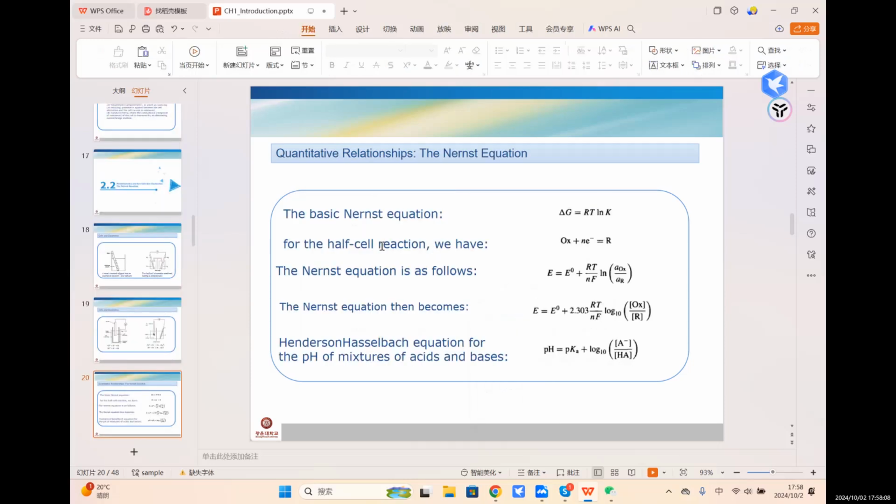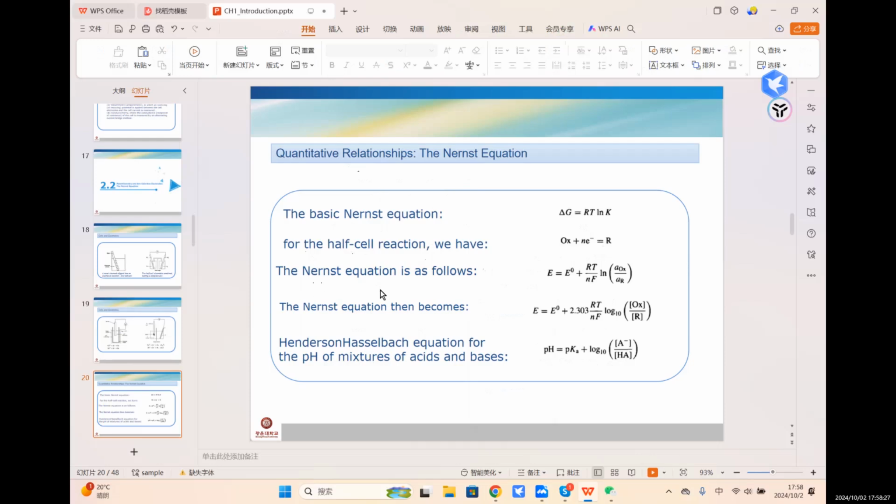Okay, the next title. The quantitative relationships. The Nernst equation. The basic Nernst equation is that, and for the half cell reaction we have the second equation.